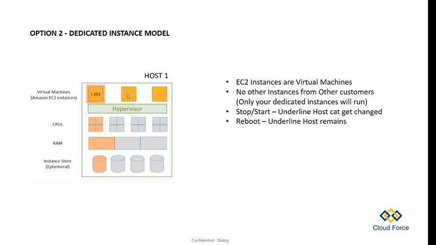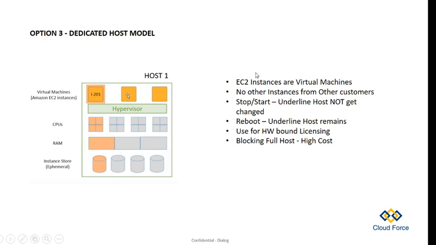Let's move to the dedicated host model. In the dedicated host model, you have virtual machines as before, but in this case you block this host in the AWS infrastructure. You've blocked this physical host, which means no other customers will get placed here.